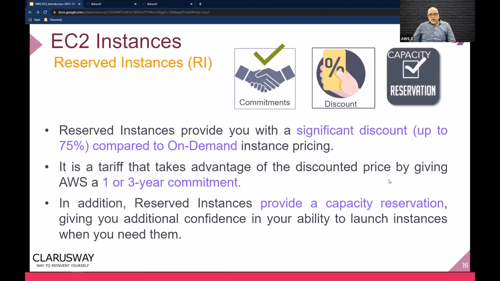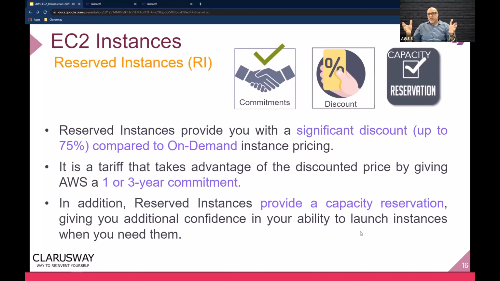And the other thing is you're guaranteeing that capacity is available, because here's the thing about AWS, right? If you remember how I showed you that the hardware is split up. Let's just say that all of a sudden, millions upon millions of customers came to AWS, and everybody wanted to use this capacity.